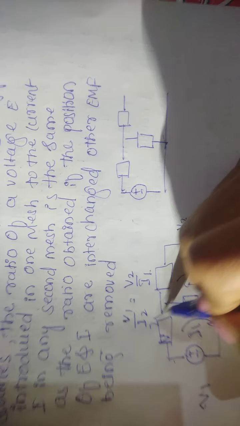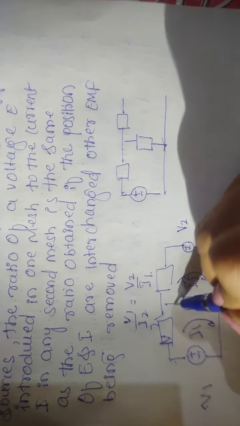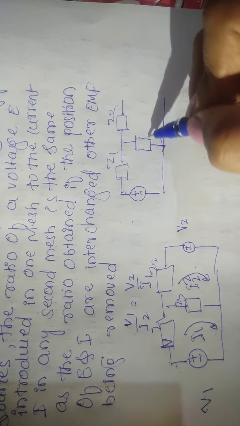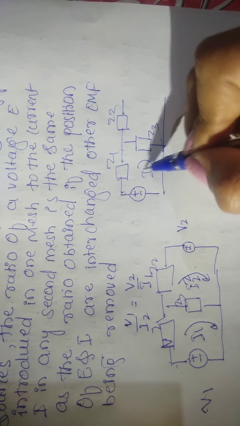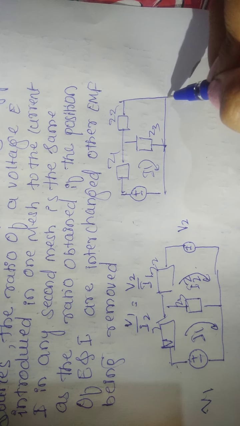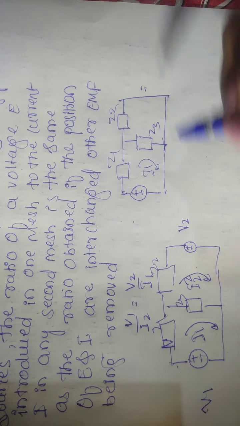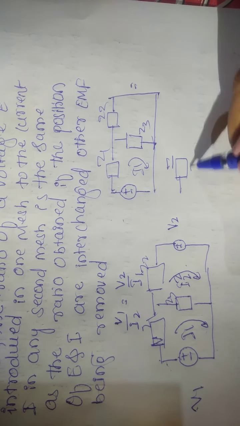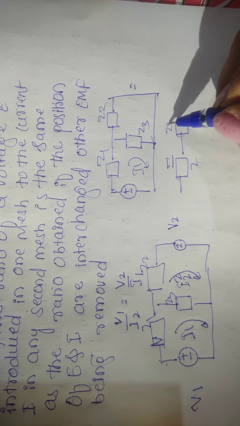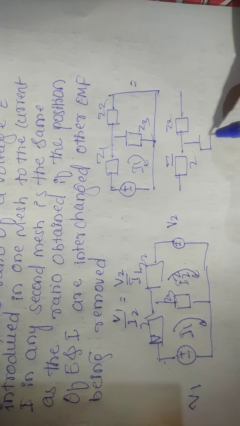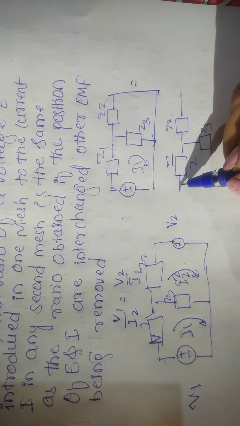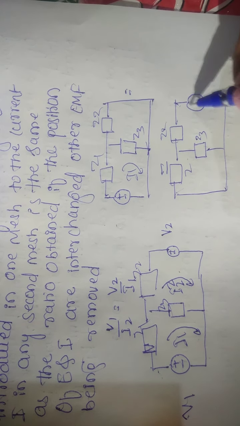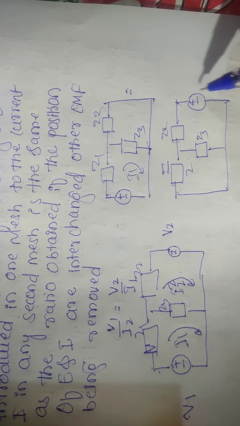Yes, Z1, Z3, Z2, I1. We have to remove this one. You can short it, equals to Z1, Z2 and Z3, equals to this one, with one more voltage source in the mesh.